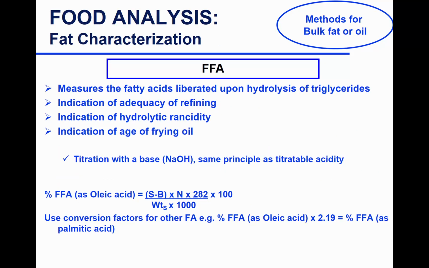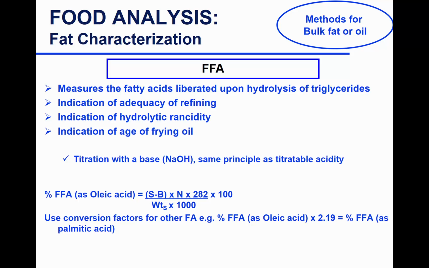Okay, cool. Moving on. So, free fatty acid test, which you already did in the lab, and we talked about when we need to test it. It's simple, same as titratable acidity. You basically titrate with a base to a pink endpoint in the presence of phenolphthalein indicator.